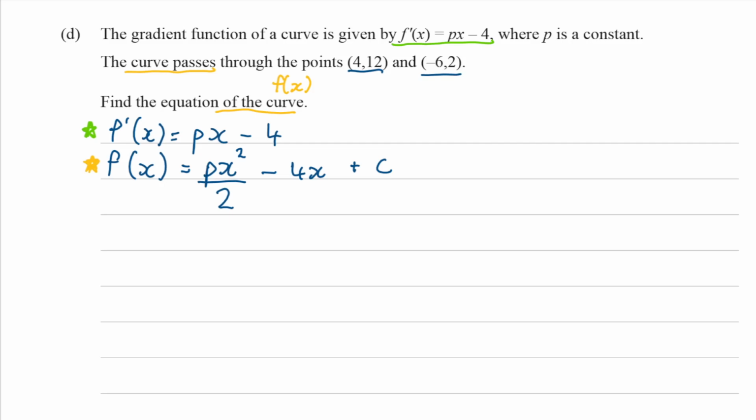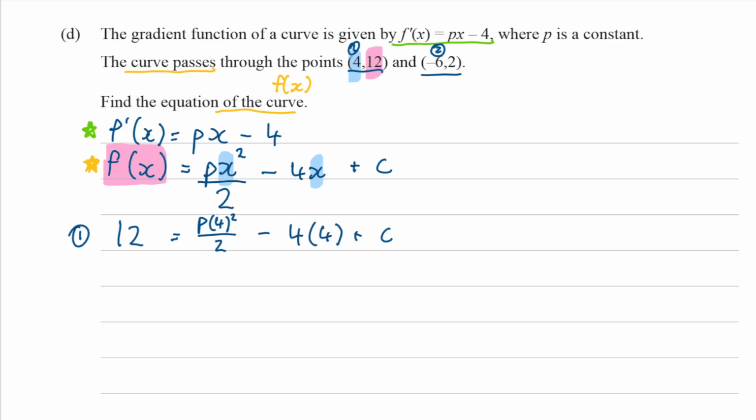So let's do that now. Let's use equation 1, we'll call this point 1 and this point 2. So substituting in 4 for x and 12 for f of x: 12 equals p times 4 squared, all divided by 2, minus 4 times 4, plus c.